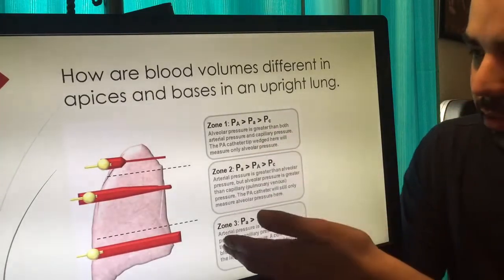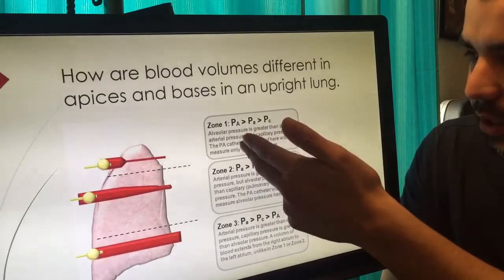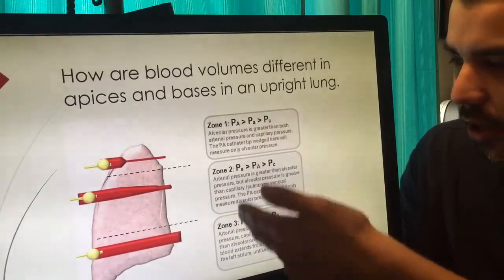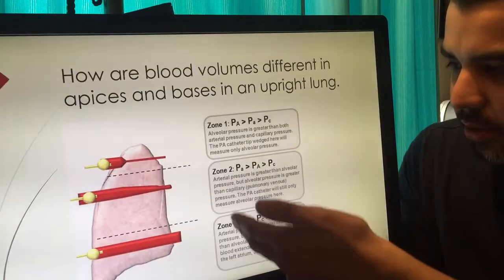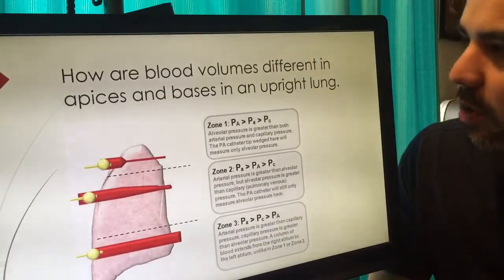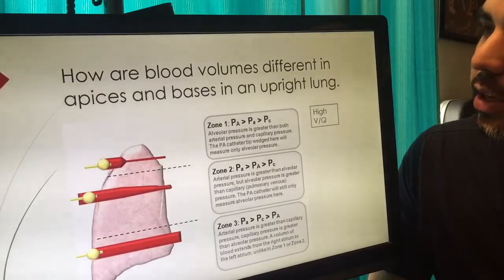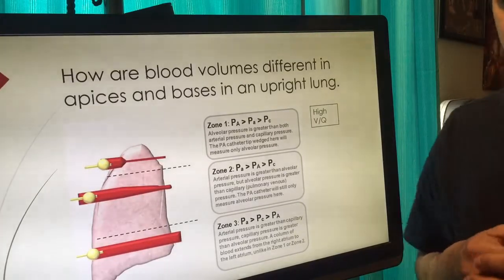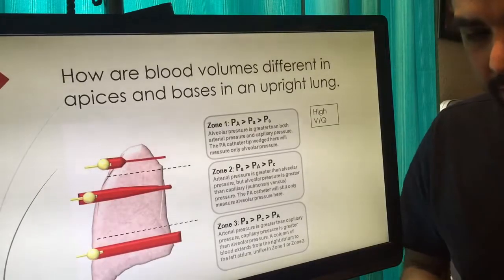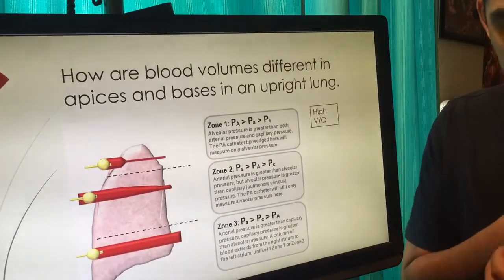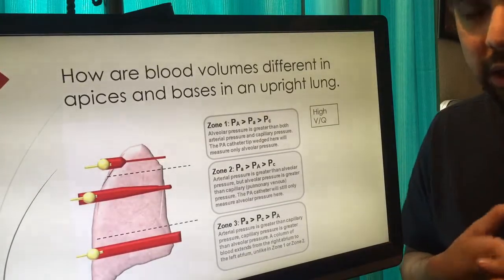So how Zone 1 is with the pressures up there, and Zone 2 is, and Zone 3. But basically how we look at it is in an upright lung, a person sitting upright. This is basically just a summary of what I just said.